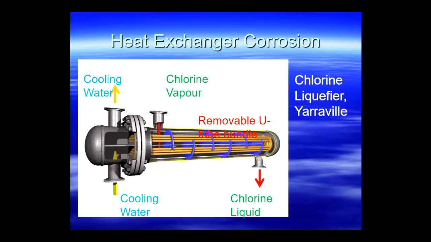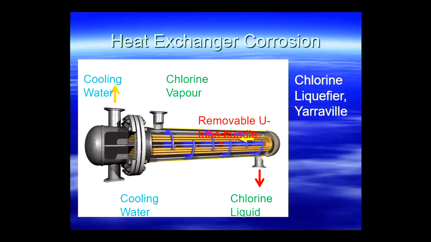The gas comes off rather hot. It has to be cooled and dried, and this was the part of the cooling system that dried and cooled the chlorine gas that comes off. So it was down at Yarraville, just down here on the river.